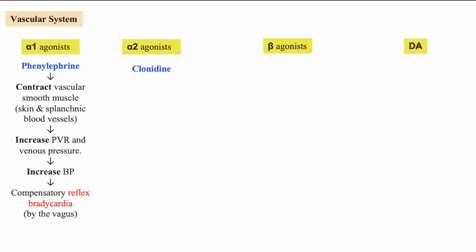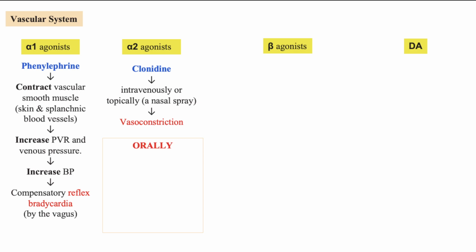Coming to the alpha 2 agonist, the example is clonidine. Clonidine is a centrally acting alpha 2 agonist which can be given intravenously or topically through nasal spray. It leads to vasoconstriction and decreases congestion. Whereas when it is given orally, it has a unique mechanism: it accumulates in the CNS and decreases the sympathetic outflow. How? Alpha 2 receptors are located in the presynaptic nerve terminals.